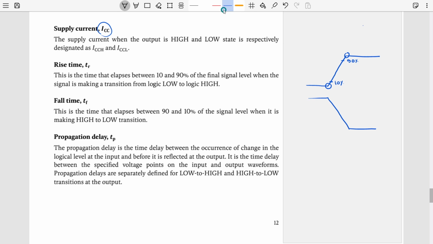We take the time difference between these two, and we call that rise time. And similarly for fall time, same thing, we take a point which is 90% of the signal, another one 10% of the signal. We take the exact time of both of them, and then take the time difference between these two, how much time it takes to go from there to here. That's the idea. So these two things.